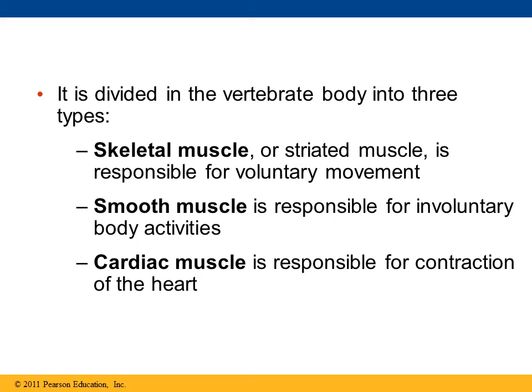The skeletal muscle is responsible for voluntary movement or the movement we choose to make. Now smooth muscle is responsible for involuntary movement, while cardiac muscle is responsible for the contraction of our heart. Cardiac means heart, so it's muscle in the heart or muscle tissue in the heart.